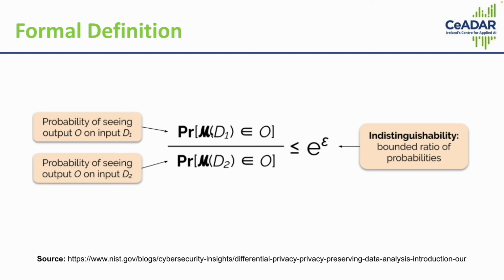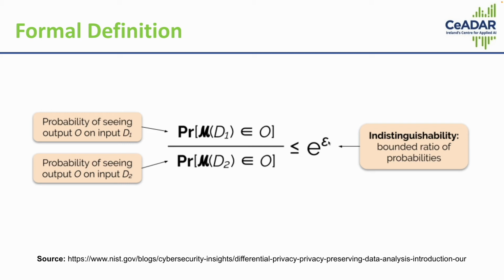Then for the analysis leading to an output O for both these datasets, differential privacy guarantees that the ratio of the probabilities of these happening is less than e to the power epsilon. And epsilon here is what we call the privacy budget. And this is how privacy is quantified through differential privacy.